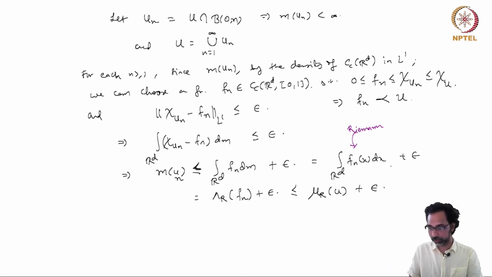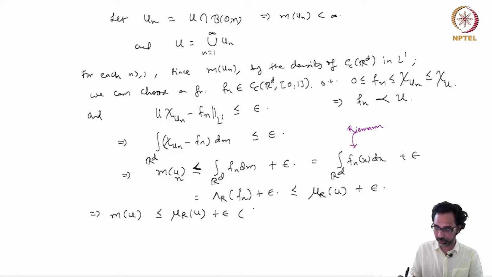plus epsilon. And now we can take the limit on the left hand side to get mu less than or equal to mu_R(u) plus epsilon, by the upward monotone convergence theorem for the Lebesgue measure. So this implies that mu is less than or equal to mu_R(u), and we are done.